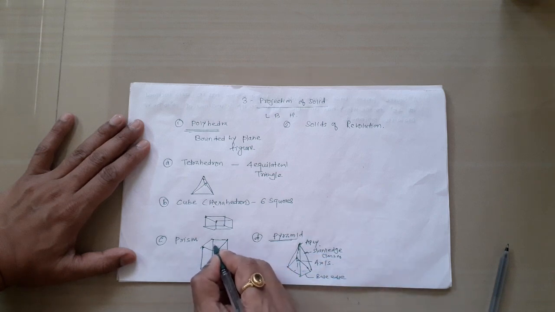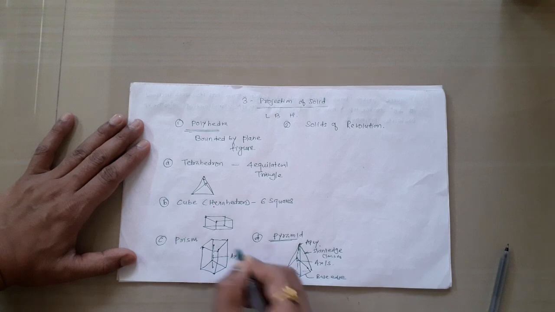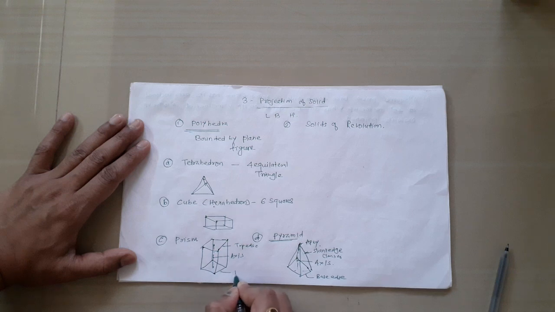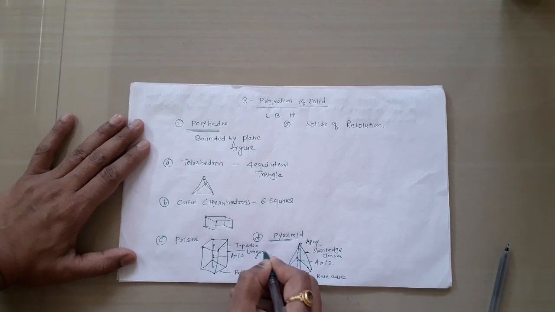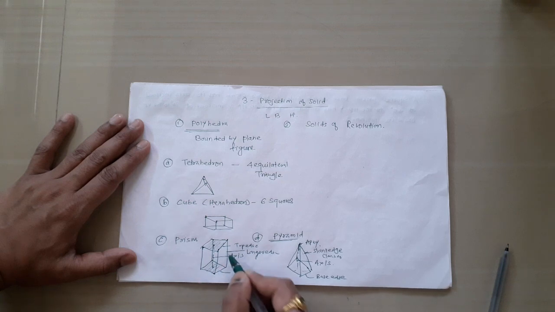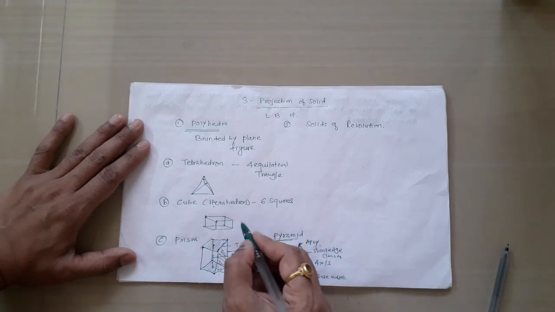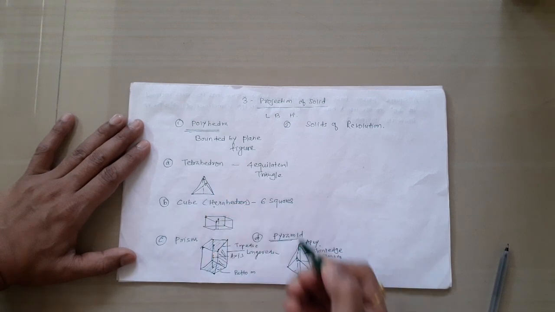In case of prism, the imaginary line joining the center of the base and center of the top is known as axis. Then these are known as top edges or shorter edges. These are known as bottom edges or shorter edges. These are longer edges. This is a top surface, this is a bottom surface, and this is a rectangular surface. Then in case of cube also, this is axis. In case of tetrahedron also, this is axis.